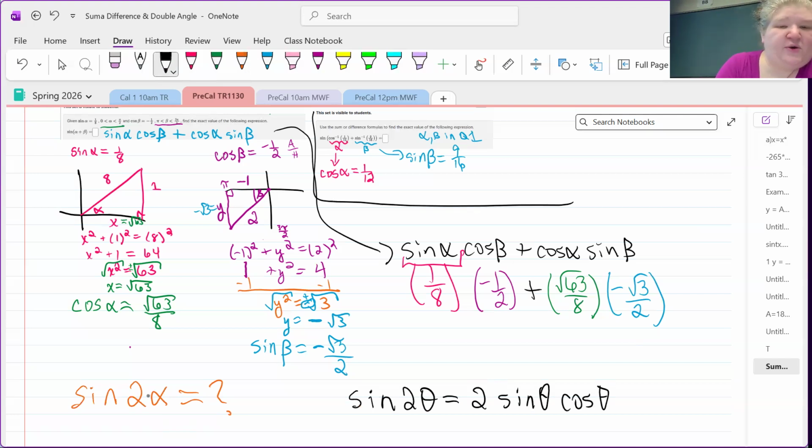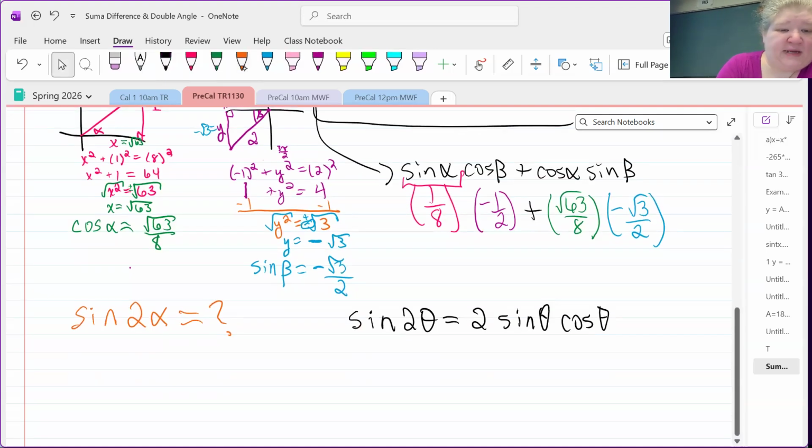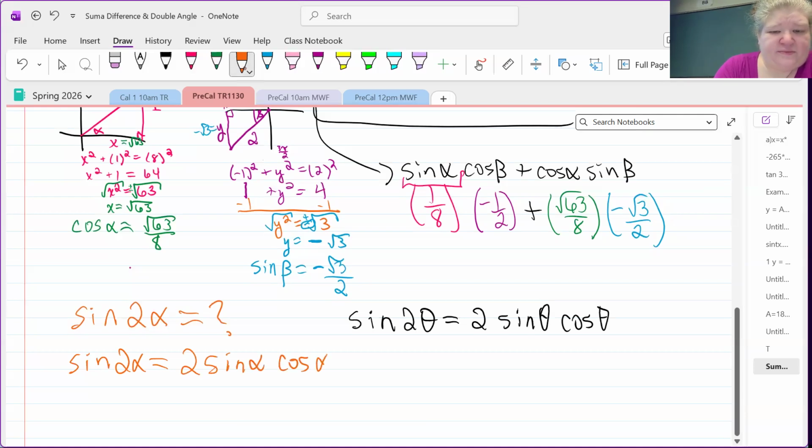So when we're trying to figure out the sine of 2 alpha, and we're using that formula, then sine 2 alpha is 2 sine alpha cosine alpha. I'm just trading out theta for alpha in my formula. And now I'm going to trade out what I know about alpha.